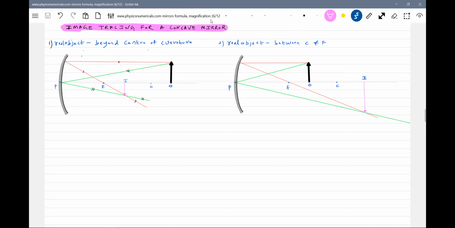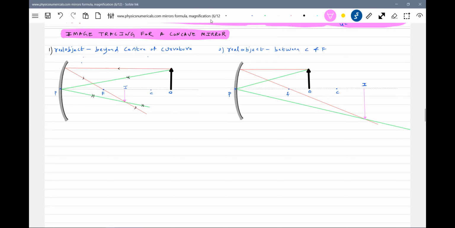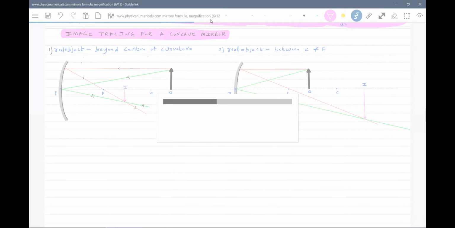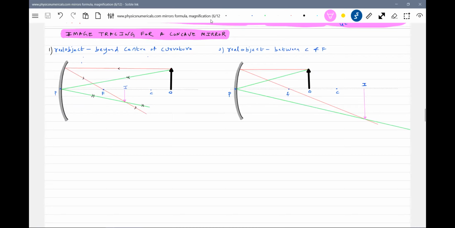I could have done it with only the ray diagram, but since we now know the mirror formula and magnification, it will be easy to demonstrate. I'm going to combine both image tracing and use of the mirror and magnification formula. Okay, let me start.